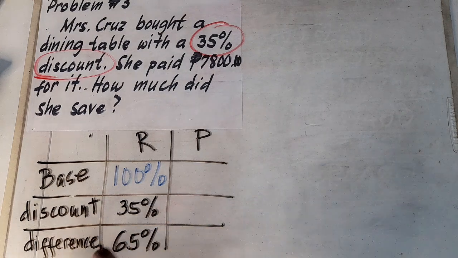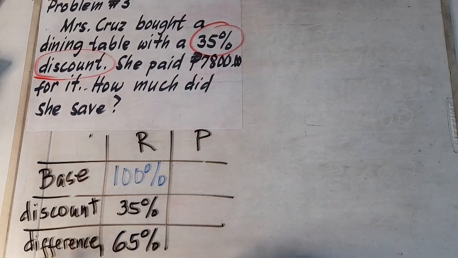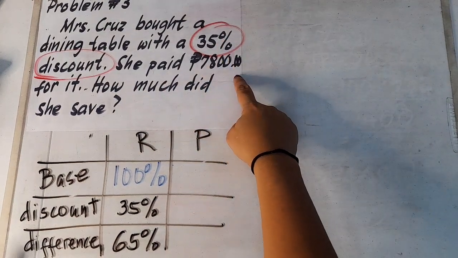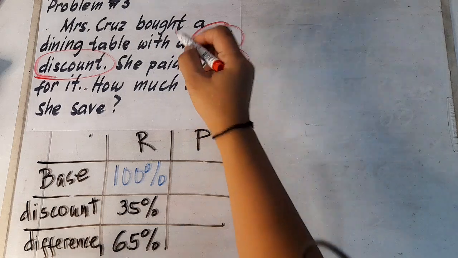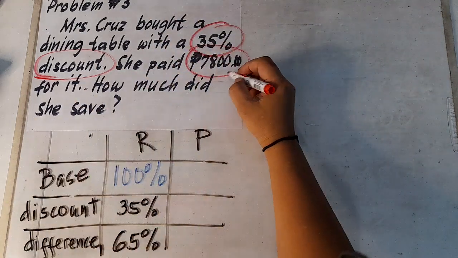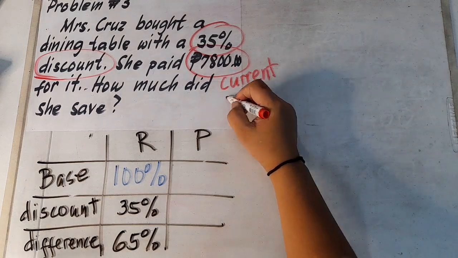Okay? Then, let's move on with the percentage column. She paid 7,800 pesos for it. Ibig sabihin, kung binayaran niya yan ng 7,800 pesos, that's the current price.